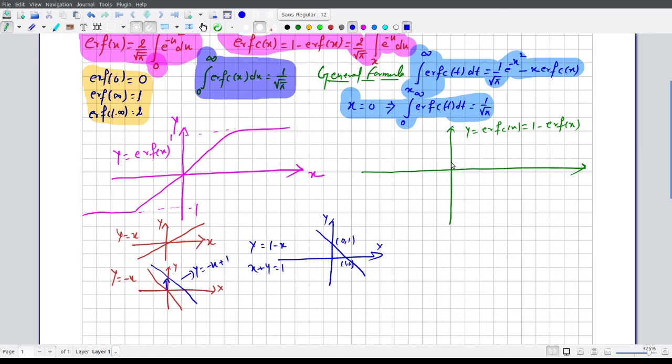So if this one is y equals minus erf x. Initially this one is erf x. Now if we have to make it for minus erf, it should be like that.